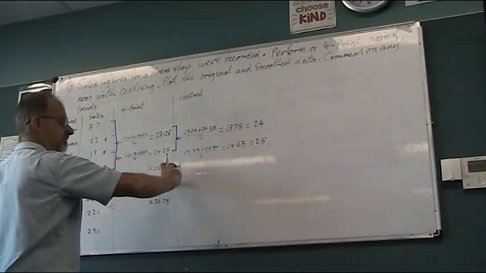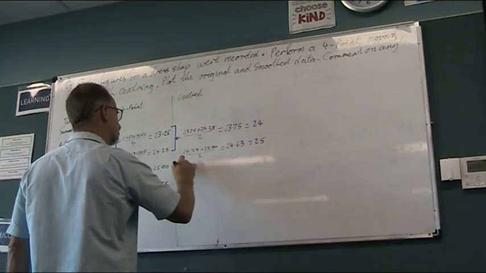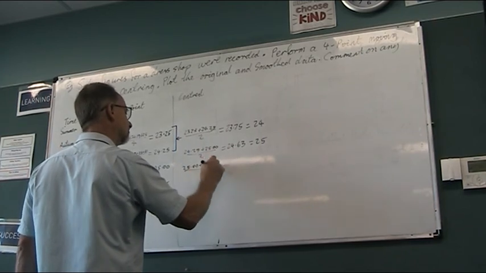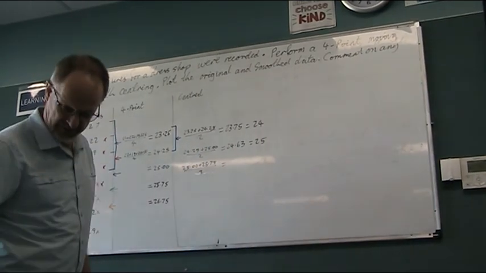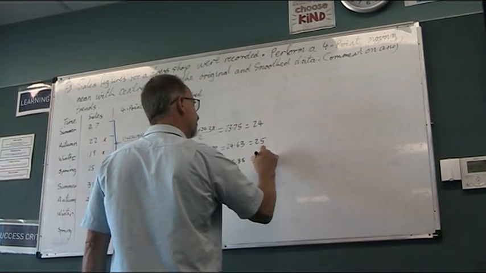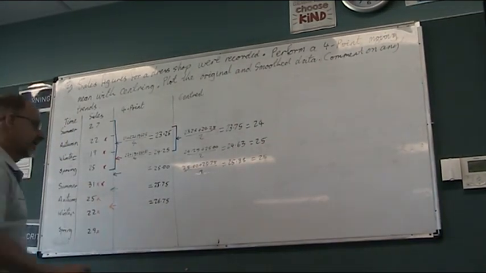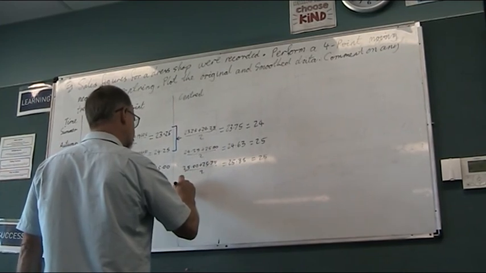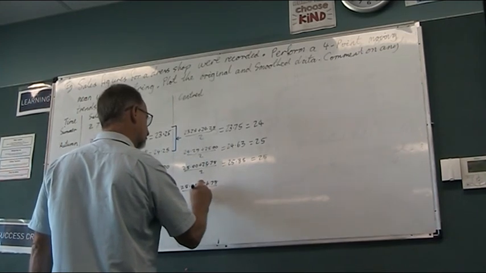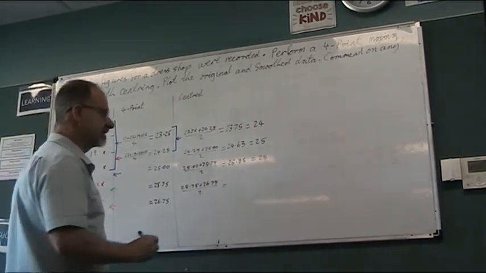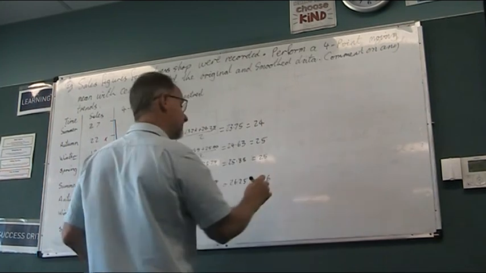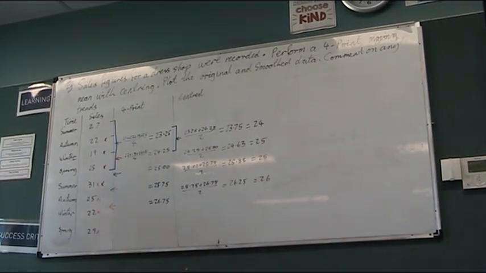Then we can do these 2, and that comes to 25.38. Two significant figures, 25. And then these last 2 come out to be 26.25, which, to 2 significant figures, is 26.